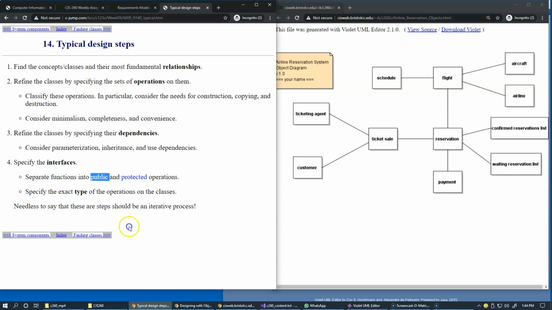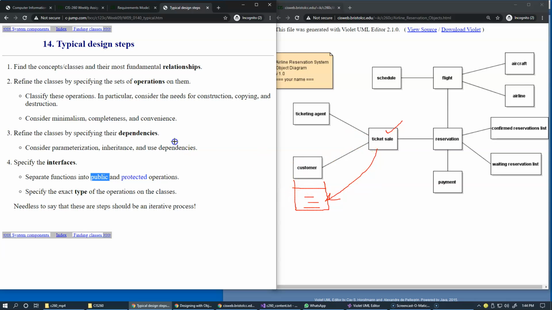Of course, when we work on individual classes, it's a highly iterative process, because we may do a little bit of work on the ticket sale and then decide to add new operations to the customer class right here, because now we need them, since the ticket sale will want to access them. So we need to make this type of progress.